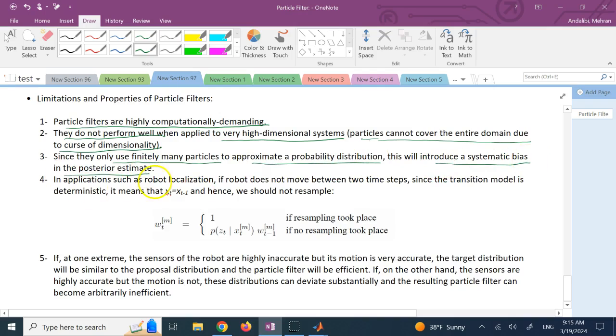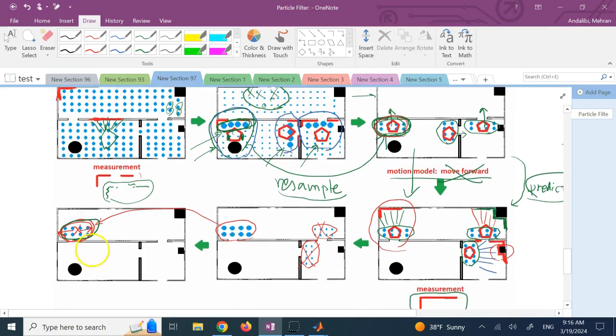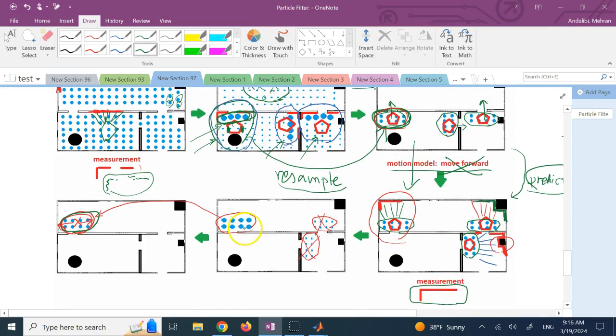What else? In applications such as robot localization, one of the things we have to be very careful about is when the robot does not move between the two steps. That is very tricky. If my robot does not move between this one and this one, so they stay in the same place, then I should not resample.